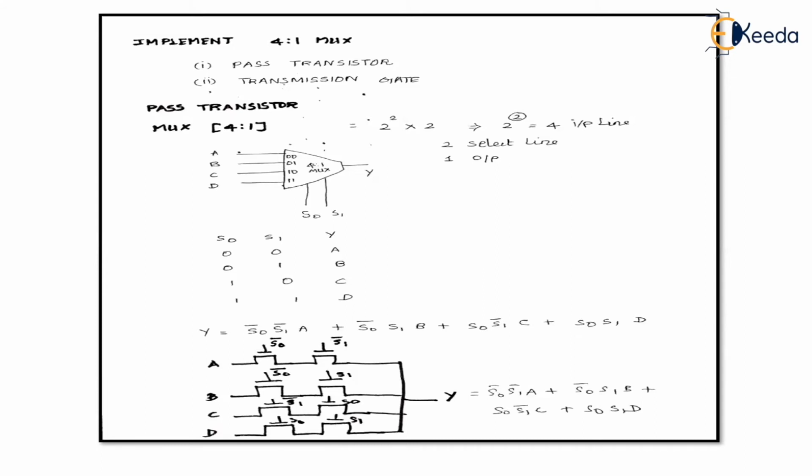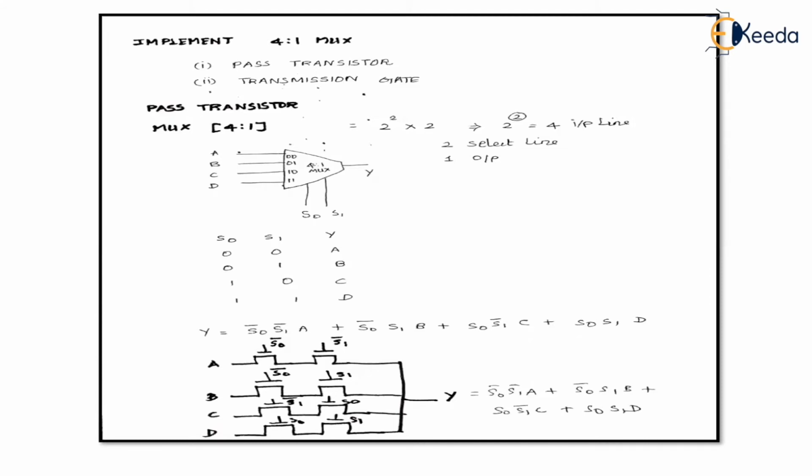Now, S0 and S1 are the selects and Y is your output. What are the various combinations I can make? 0 0, 0 1, 1 0 and 1 1. So for these 4 different combinations, I'm going to take my output Y. If S0 and S1 are both 0, what data must be passed?